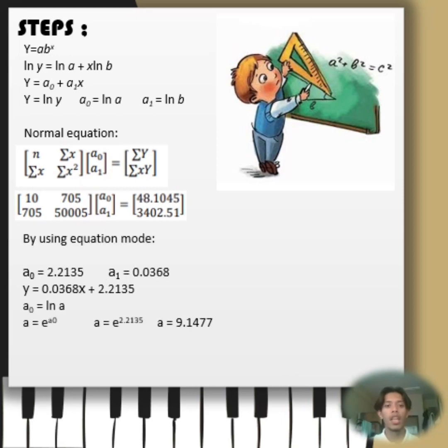By using the elimination method, a0 equals 2.2135 and a1 equals 0.0368.